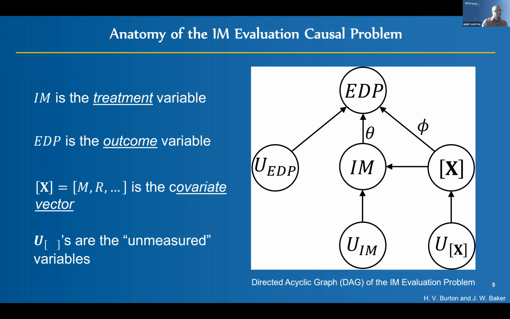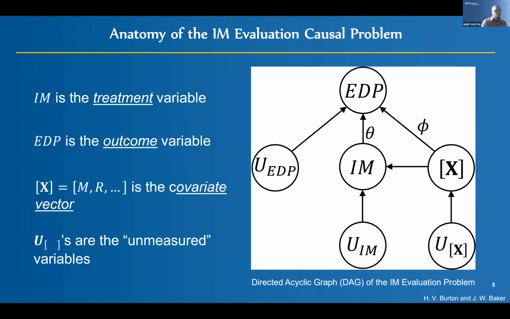There are also these U variables, which represent the unmeasured variables or variables deemed unimportant for the causal assessment. We are essentially showing them for completeness, and there are some specific criteria that these unmeasured variables should meet, which are discussed in detail in the paper.